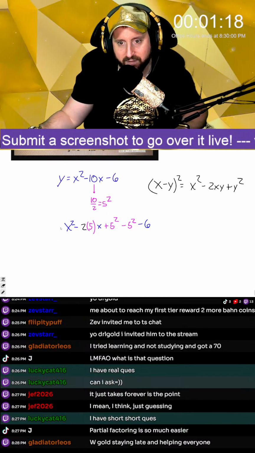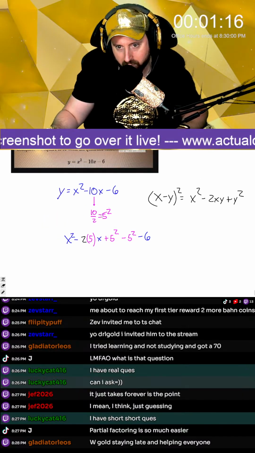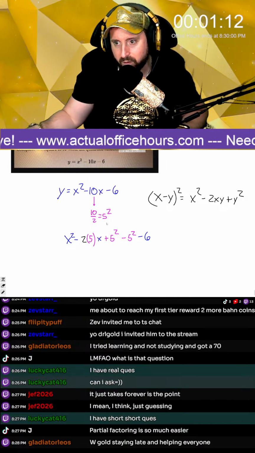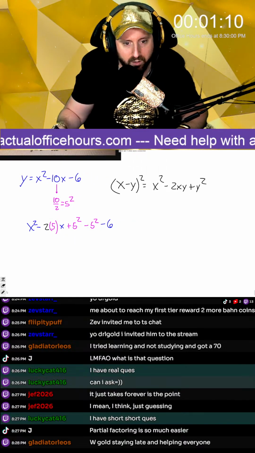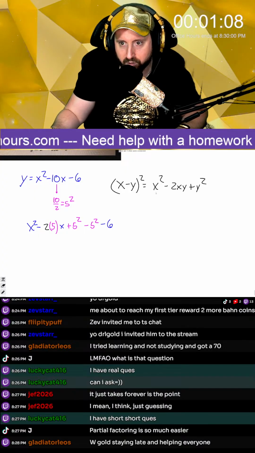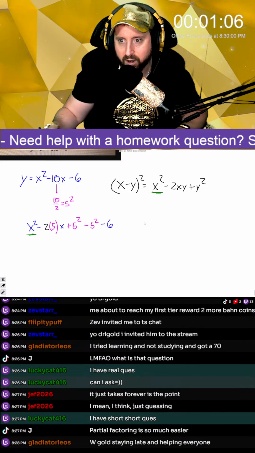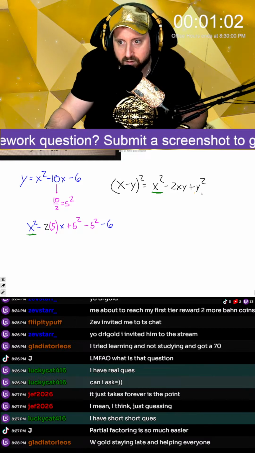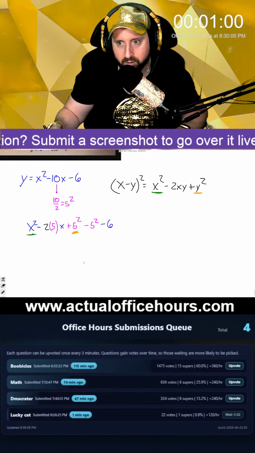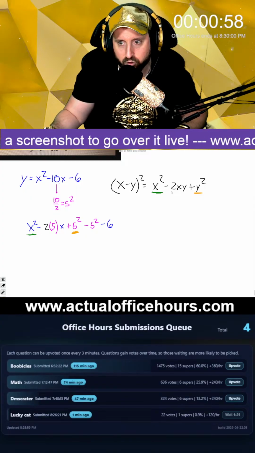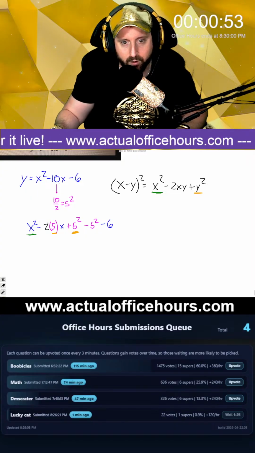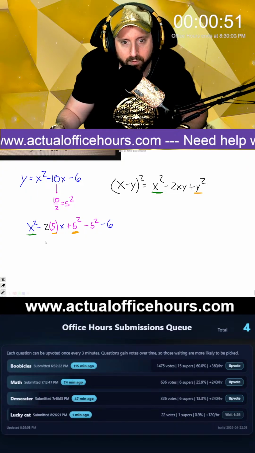Whatever number you put here and you square and add, twice that number is what you had in the middle. And you should notice there are some similarities here. Look, x squared, y squared, in this case is your 5 squared. And the middle term is now 2xy. Look, there's the y, there's the 5, there's the 2, and there's the x.